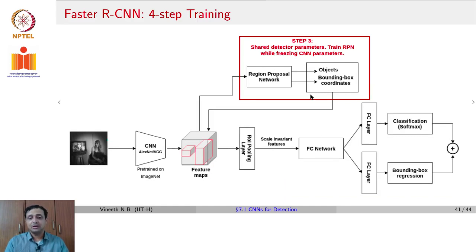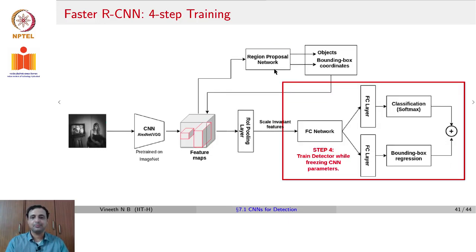In step 3, the CNN is made common for your entire network as well as the region proposal network. So you share those parameters and you train your RPN while freezing your CNN parameters to help improve the RPN's performance.